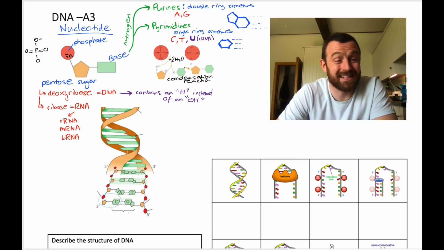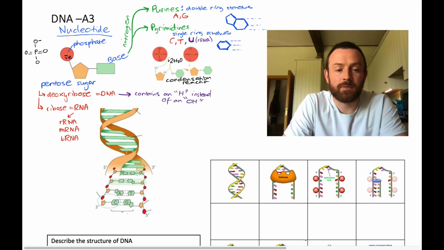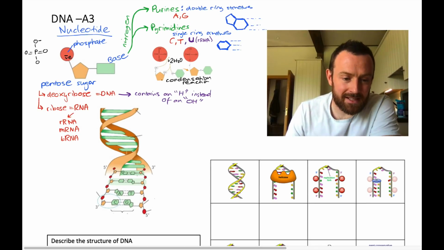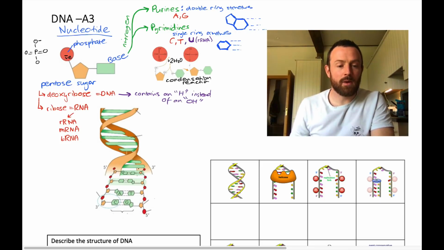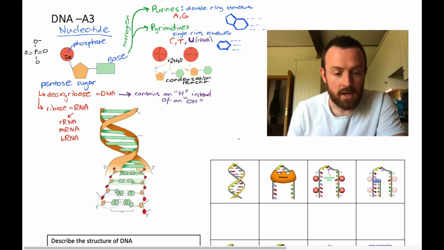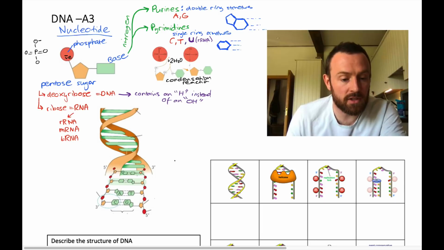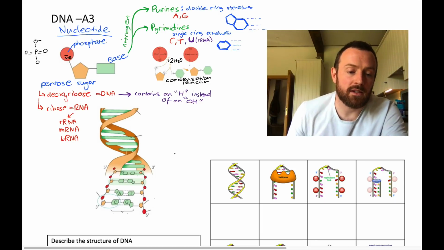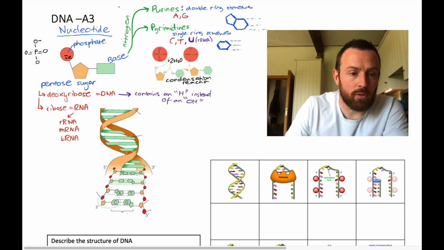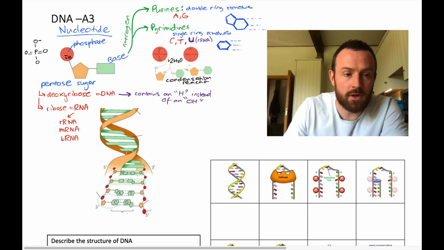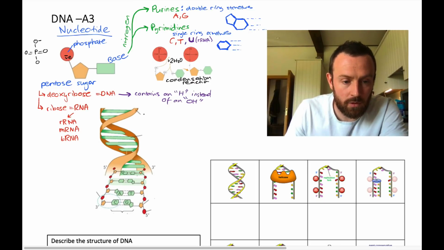Now, what about DNA? How do we put the bases together into the structure of DNA? If we come down to this section of our mind map, we can see how we put the individual nucleotides together in DNA. First of all, let's label the structure of DNA. Here we've got what's called the sugar phosphate backbone.